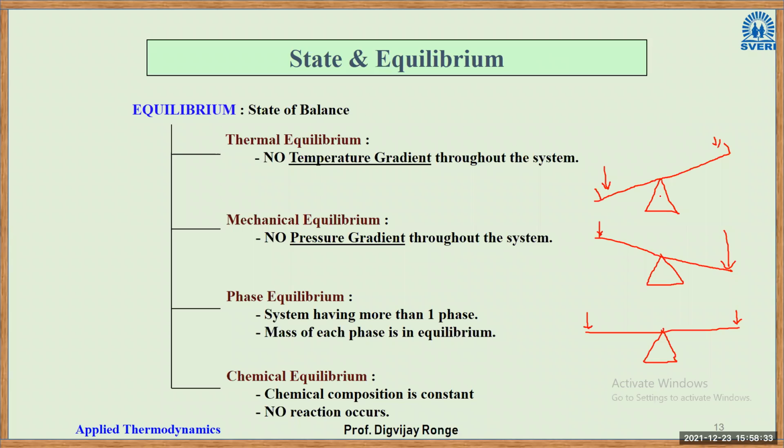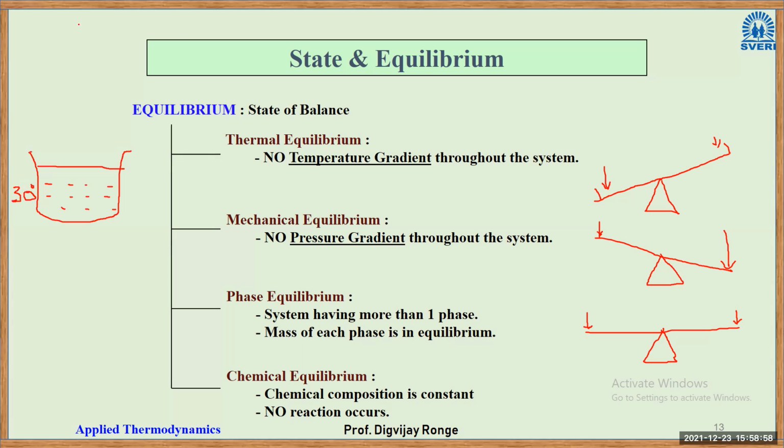So this is an example of mechanical equilibrium. Same way, the example I have given you previously. Suppose there is a vessel which is containing water, right? Now initially its temperature may be 30 degrees Celsius, which is atmospheric temperature.